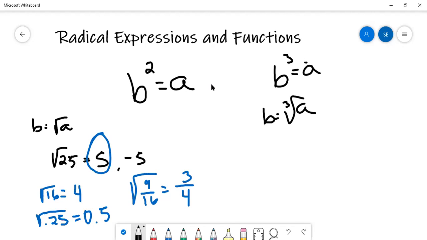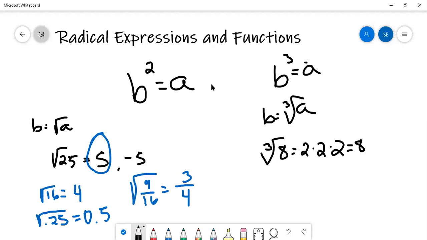Unlike the square roots, we can take the cubed root of a negative number. And again, the cube root is asking us what to the third power will give us that number. So if we looked at the cubed root of 8, we want to know what times what times what gives us 8. So this is 2 times 2 times 2 is equal to 8.